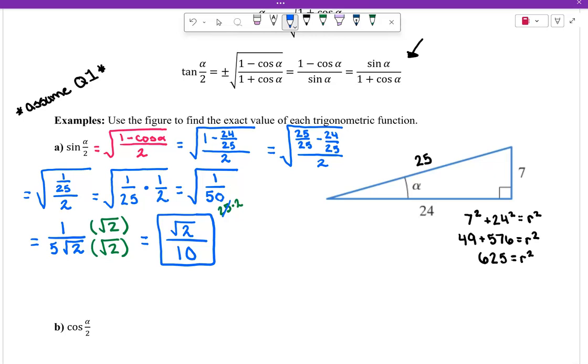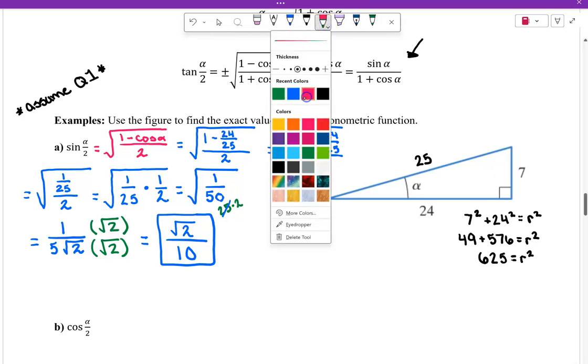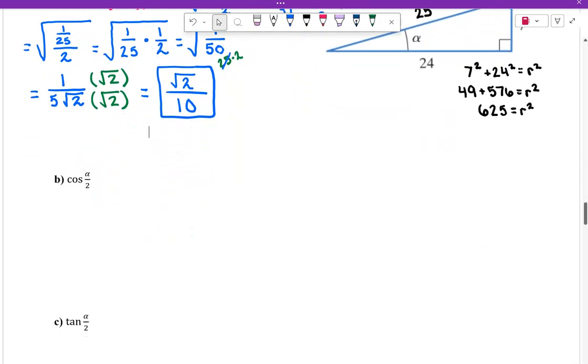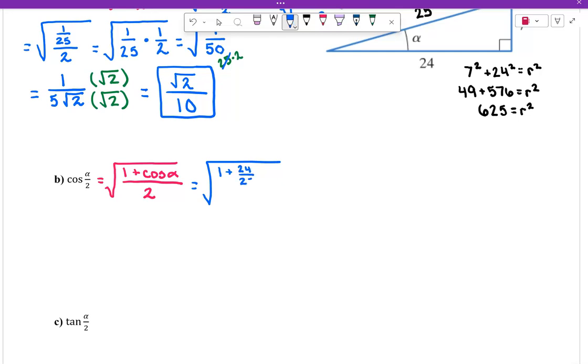Okay, so now let's go look at the cosine one. So I'm going to do the same thing. I'm going to write the formula right next to it. Okay, now remember the only difference between these is this one's a plus sign. So this time we're going to have 1 plus 24 over 25.